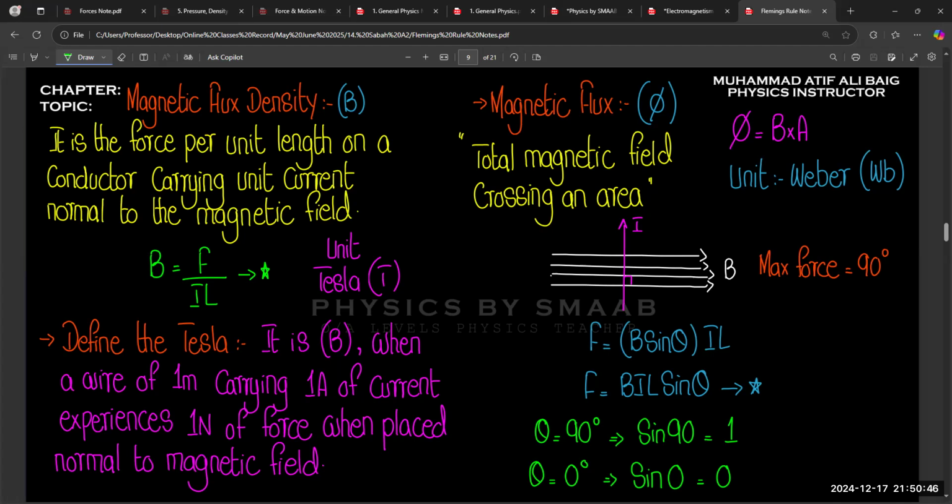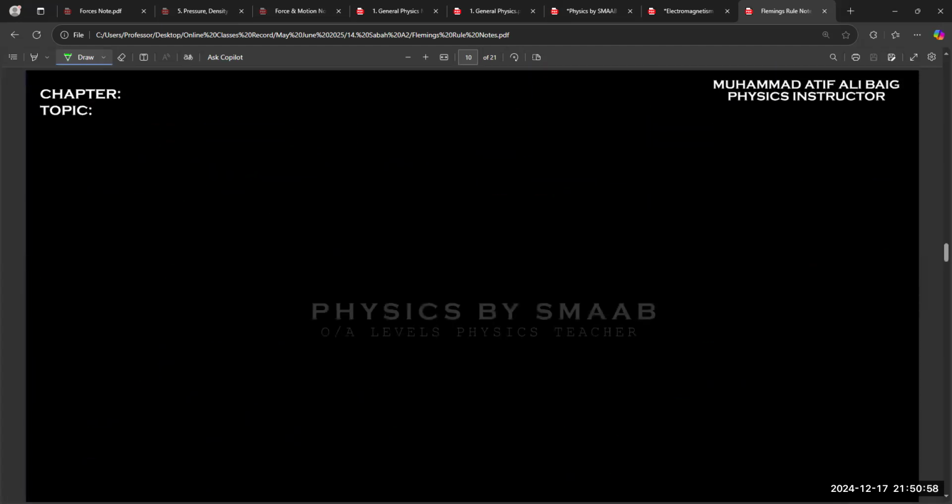We need to consider a simple magnet and place it on an electronic balance. So this is the method, or experiment, to determine magnetic flux density.